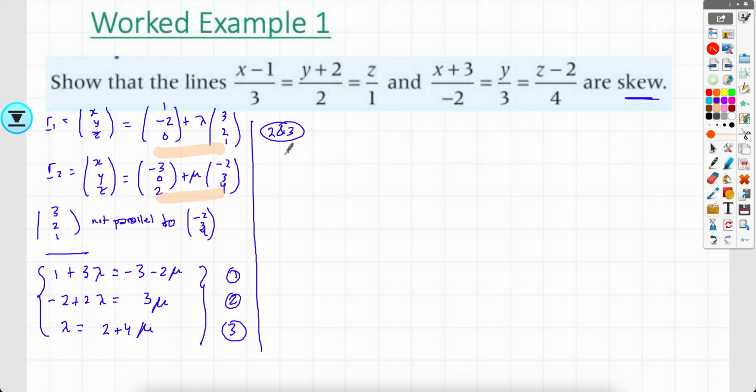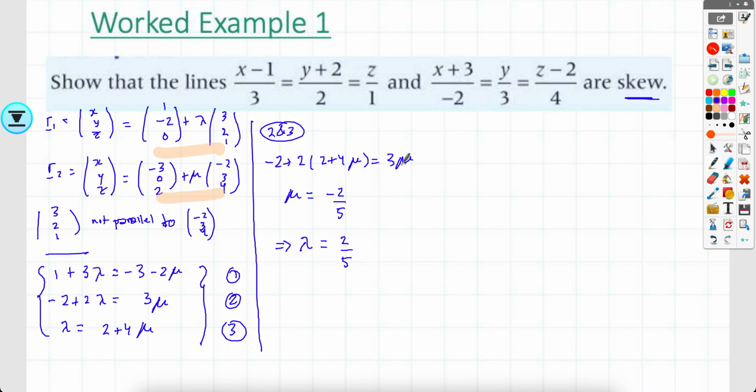So I have minus 2 plus 2(2 plus 4 mu) is equal to 3 mu. I'll follow the algebra, and it will get me to mu is equal to negative 2 over 5, which implies I'll also replace it for lambda. Lambda is 2 over 5.